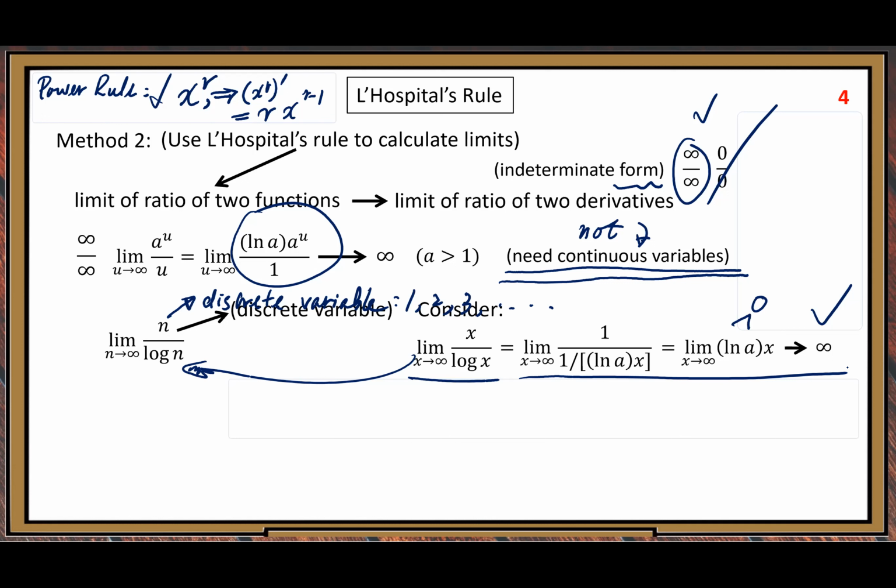You need to explain that this step jump is legal. You need to justify it. Our last step, justify it.